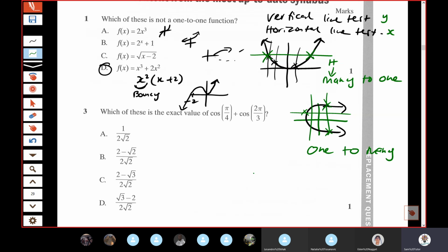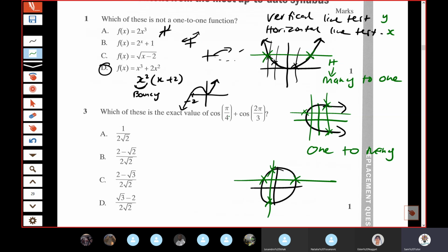And if I draw, last one, a circle, many there, and many there. So that'll be a many to many. Sounds good? And then the ones up here, as you guys can see, they're all going to be 1 to 1 because at any vertical point or horizontal point it's only touching once.